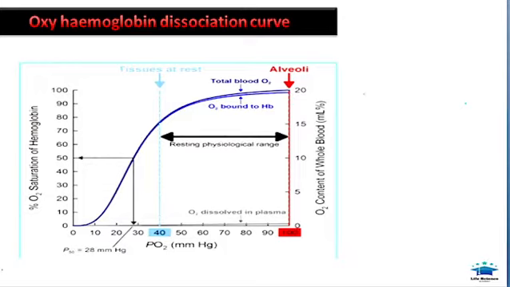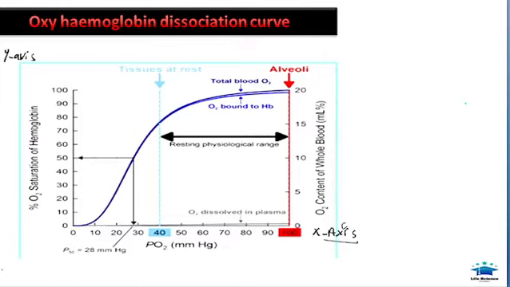Let me change the color. So if we talk about the axes, this is the y-axis and this is the x-axis. Remember, when you want to read any graph, you have to remember the y-axis and x-axis, what values we put on the y-axis and what values we put on the x-axis.